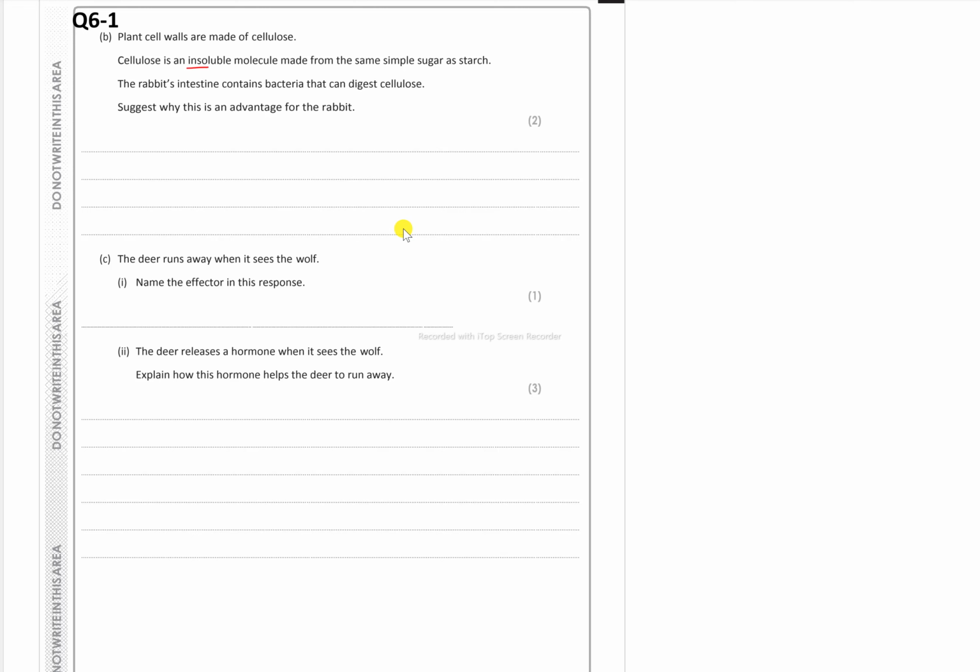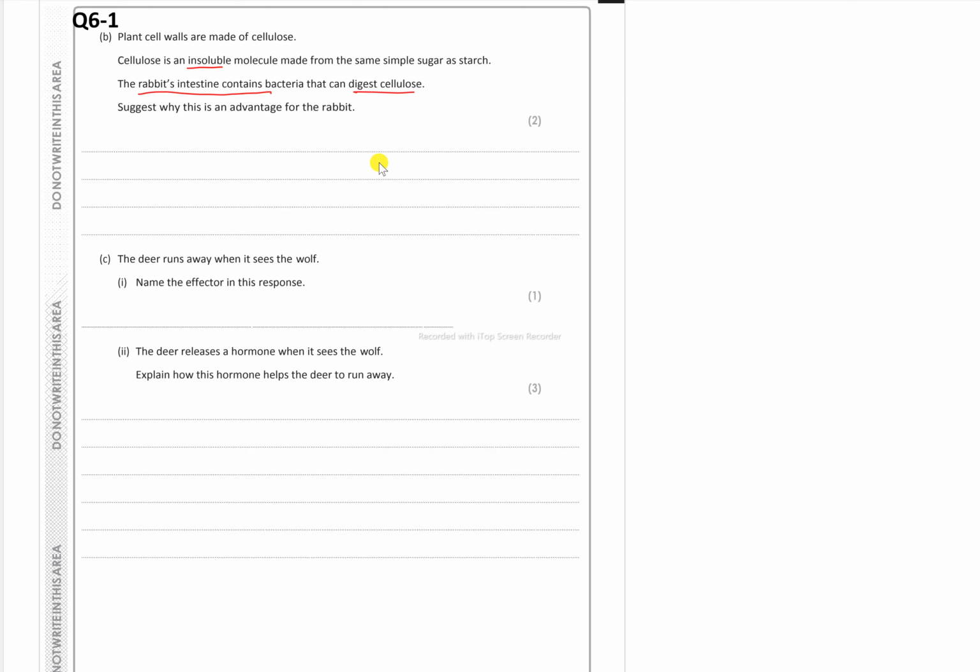Cellulose is an insoluble molecule made from simple sugar. Rabbits' intestines contain bacteria that can digest the cellulose. Suggest why this is an advantage for the rabbit.